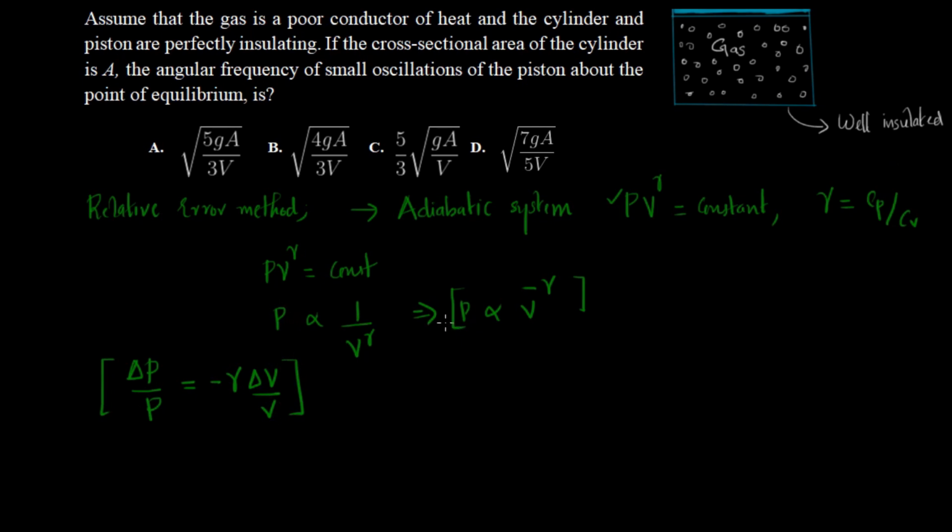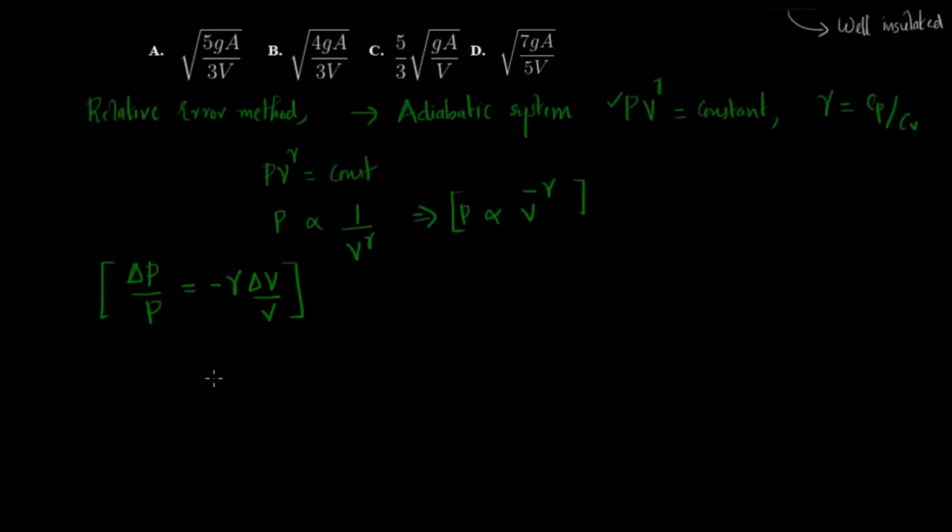So from this equation we are getting this equation, and now we are going to solve it. That is, delta P can be written as minus gamma delta V by V times P. And we know that the area of cross section is constant.